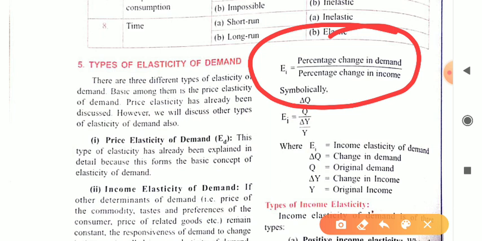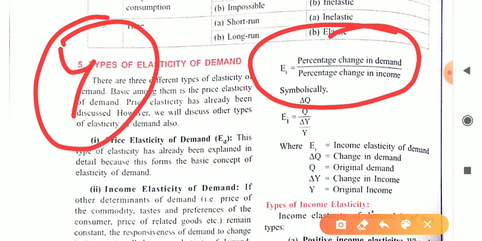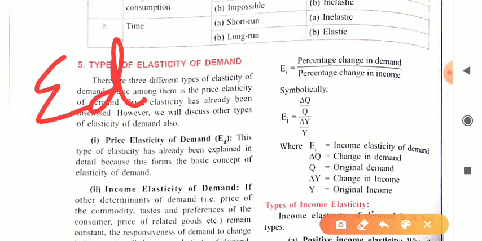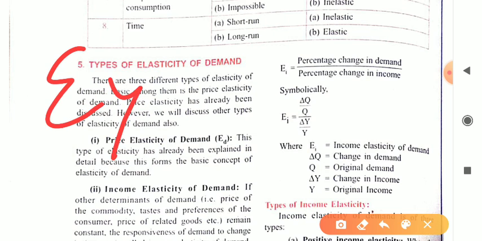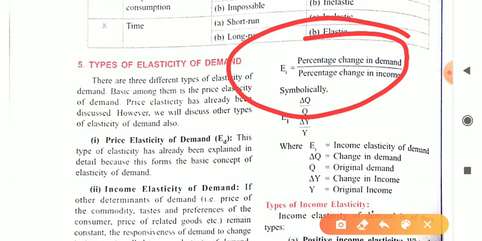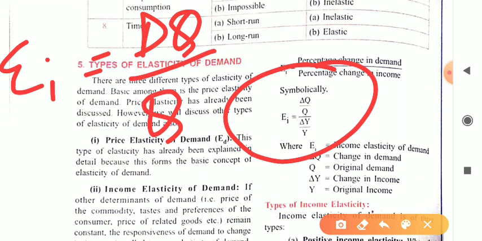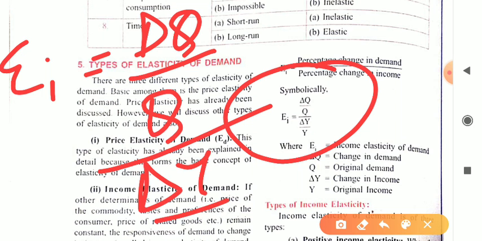Y represents income in economics. So income elasticity of demand, which is represented by EY, or in this case EI, is the percentage change in demand of a commodity divided by the percentage change in income, which is represented symbolically as EI equals delta Q upon Q divided by delta Y upon Y.